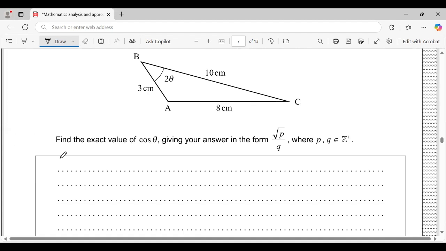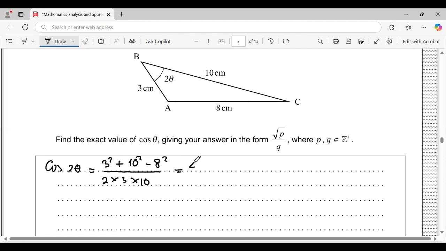Okay. Cosine 2 theta equals 3 squared plus 10 squared minus 8 squared, based on this information, divided by 2 times 3 times 10.